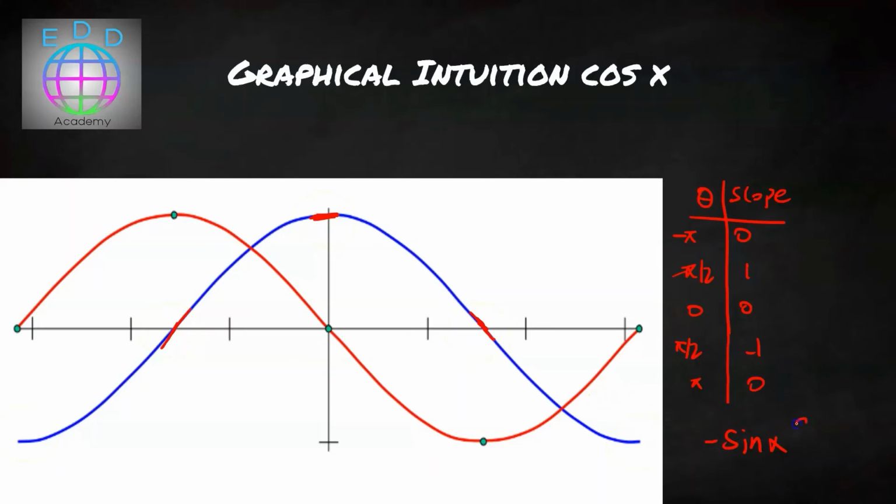So once again, this is just a guess. And we will be proving it algebraically in the next slide. So, like I said, just as we did with the sine function, we're going to attempt to algebraically prove that the derivative of cosine x is negative sine x. And specifically, we'll be using the difference quotient method as we did last time.